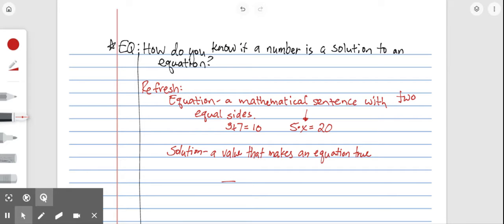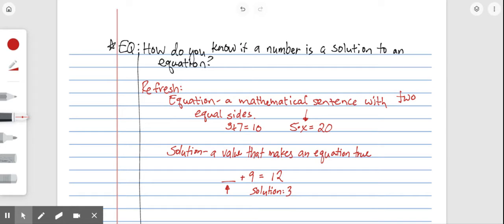If you have a blank spot plus 9 equals 12, finding the number that goes in this blank spot is called a solution. What number plus 9 equals 12? Well, I know 3 plus 9 equals 12, so the solution is 3, because 3 plus 9 equals 12. 3, 4, 5, 6, 7, 8, 9, 10, 11, 12.